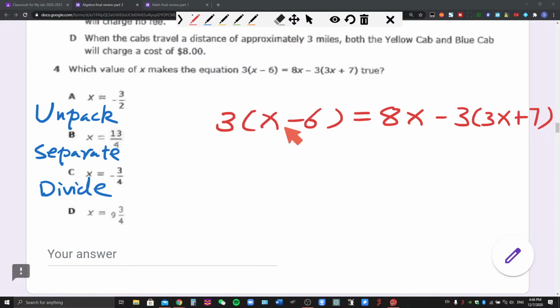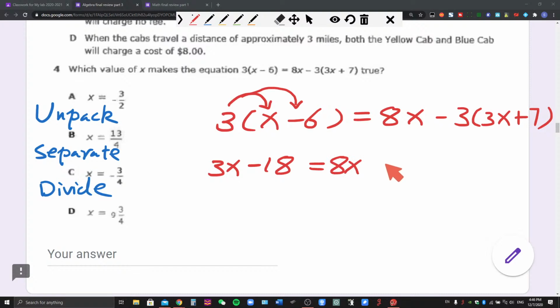Now, first, let's unpack. This parenthesis, when we unpack, will be the 3 outside multiplied by each term inside. So 3 times x, and 3 times -6, that's a -18, equals, there's no parentheses, we copy this 8x. And here, this is a -3.